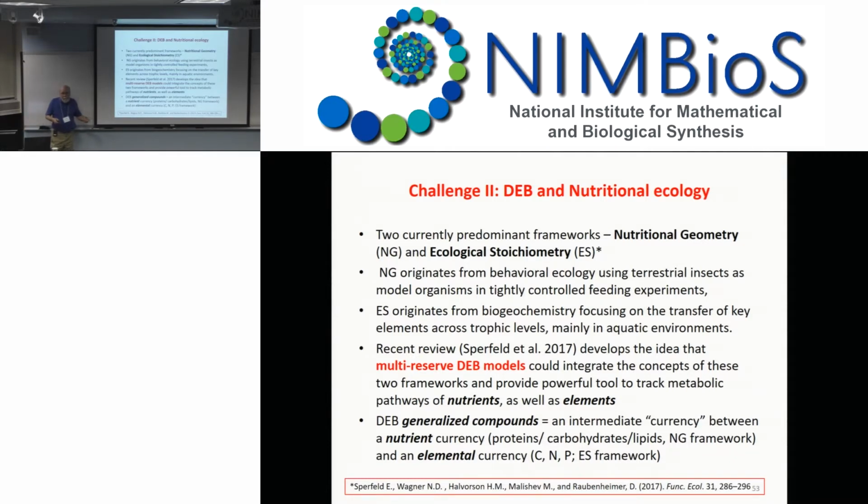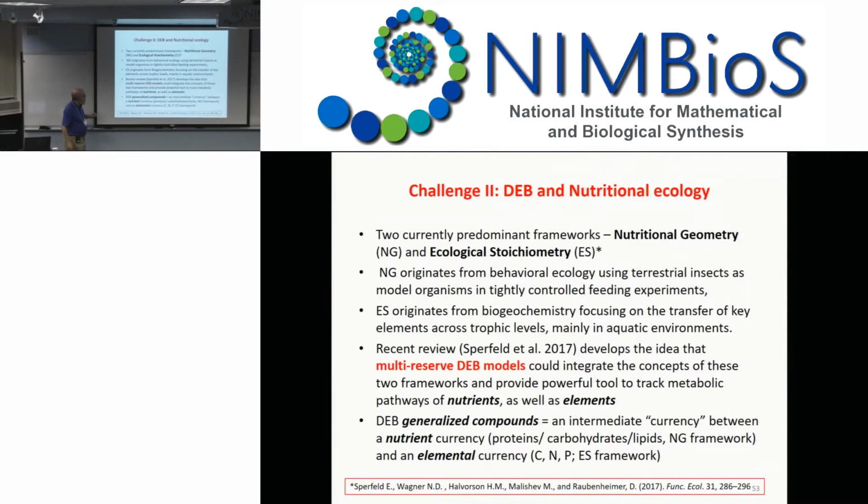And the ideas behind nutritional geometry had their origins in studies of insects where animals were moving around with choice of food items and trying to achieve some kind of balance, whereas much of DEB theory and much of the current work on ecological stoichiometry was very much influenced, in fact probably over-influenced, by work on organisms like Daphnia that were indiscriminate filter feeders.